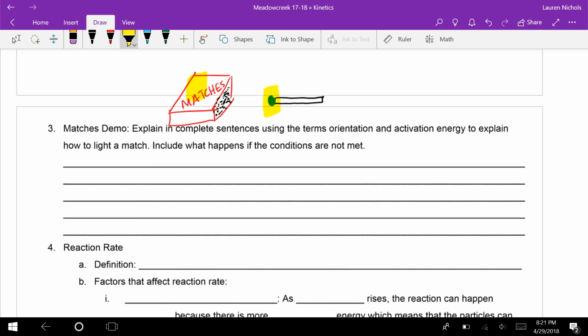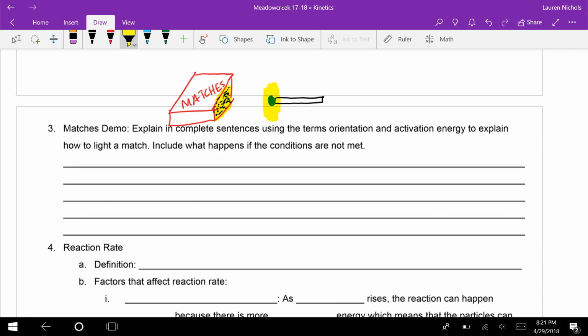Well, now my match is aligned correctly with where I want, but my matchbook isn't. And so we could see that our orientation really mattered and how the correct orientation would be to have this green tip against the rough part. And now if I lightly took the match and I barely touched it, it was aligned correctly, but I barely scratched it, then it would still not light. And that's because it didn't have the activation energy needed.